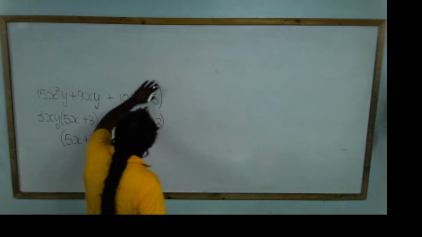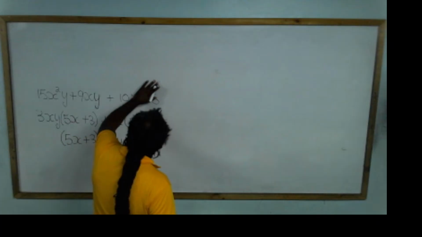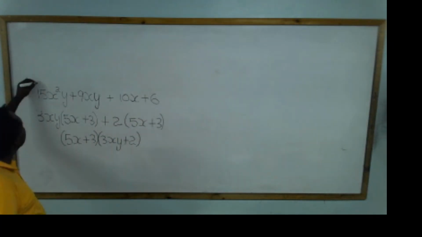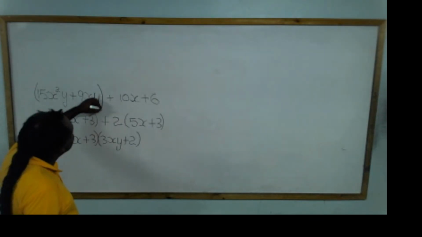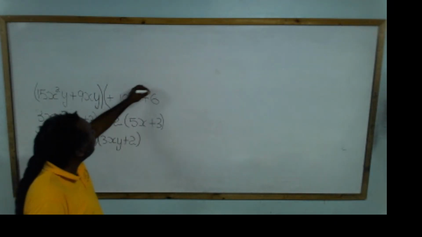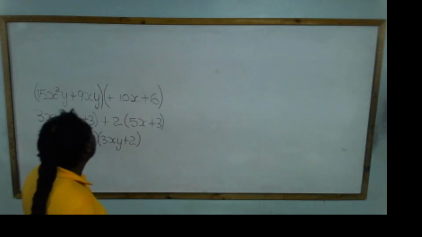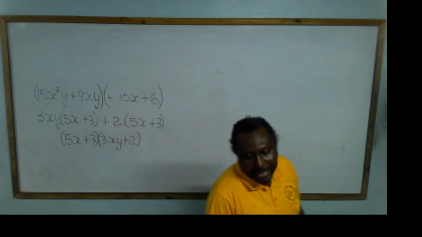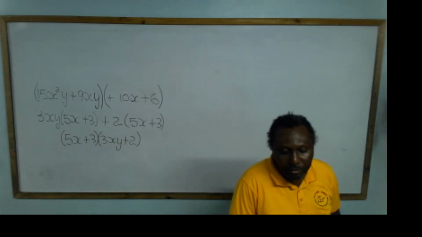That's the original expression. Now, I'm going to do this first. If the teacher tells you to put them in brackets and you do this, is that correct or incorrect? And why? So tell me if it is incorrect and tell me why. Tell me if it's correct and tell me why.